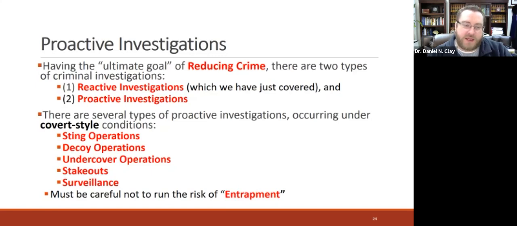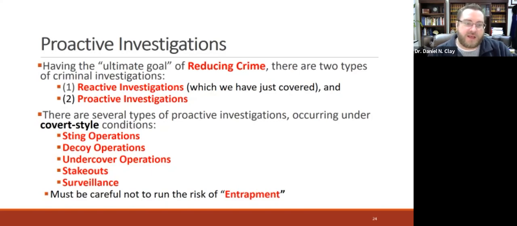Now, when we're talking about sting operations, undercover operations, and decoy operations, we have to be careful not to run the risk of entrapment. Entrapment is a legal term, and basically it means law enforcement induced you to commit a crime that you were not otherwise predisposed to commit, right?